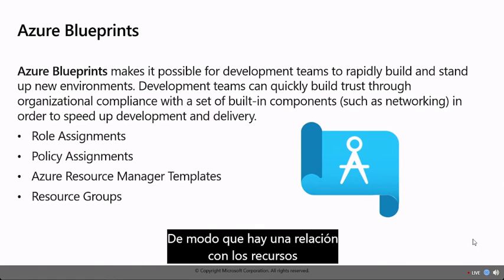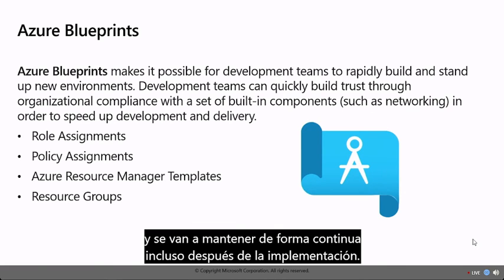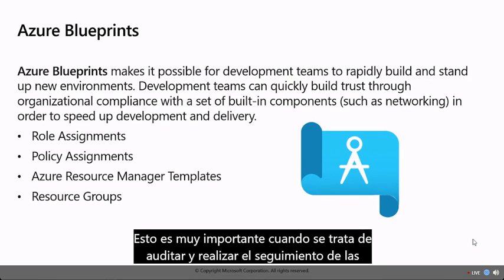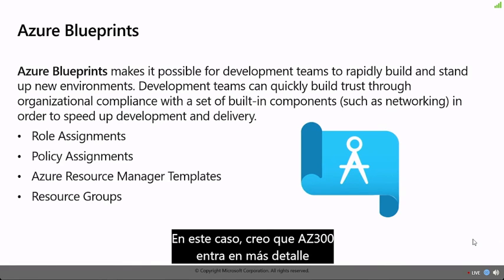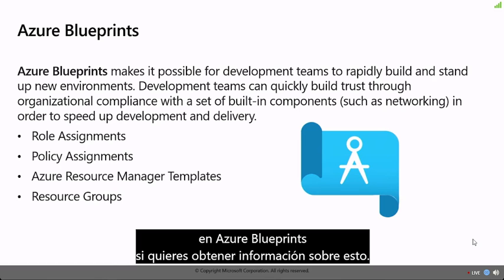So there is a relationship with the resources, and they're going to be continuously maintained even after deployment. And again, this is really important when it comes to auditing and tracking the capabilities of your development environments. So for this one, I believe AZ300 goes into more detail on Azure Blueprints if you'd like to learn more about that.